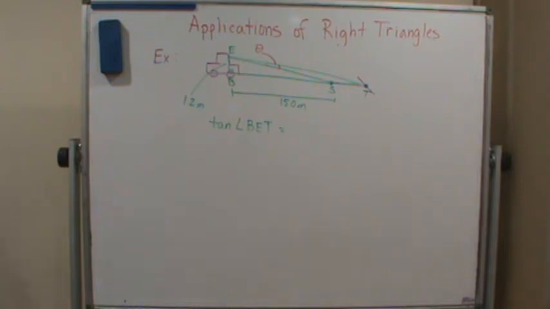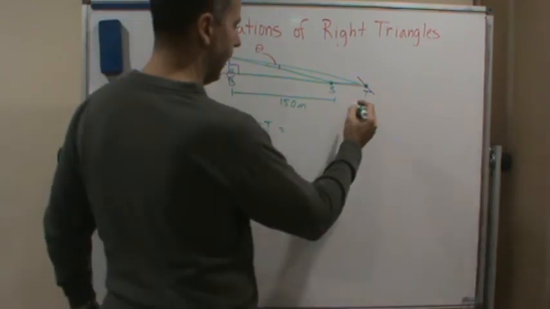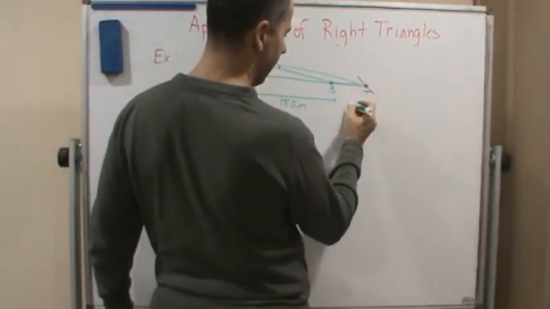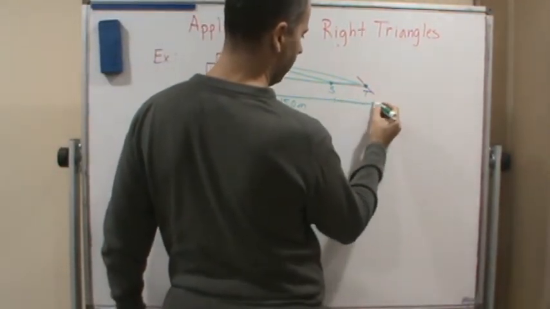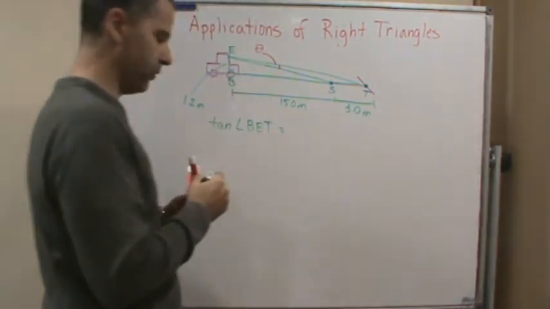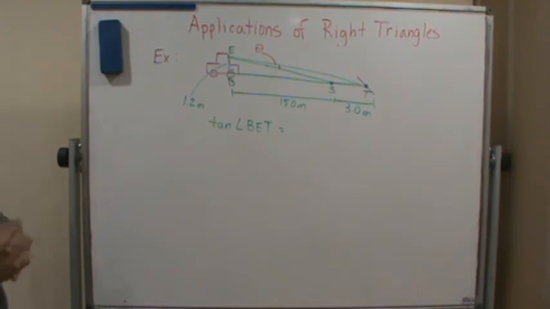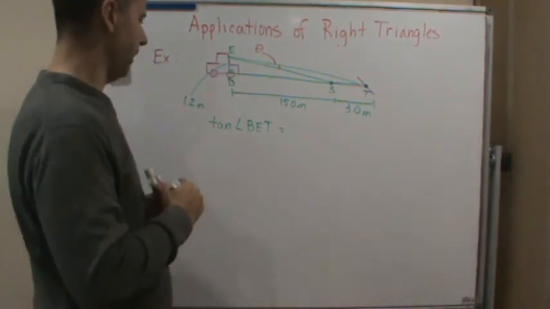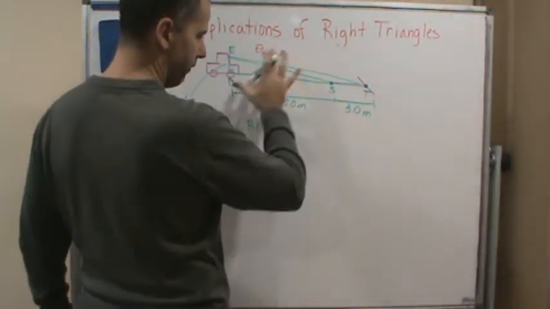Oh, I am missing some information. This distance here, the height of the word, is 3 meters. So I knew I was missing some information. Now that makes sense, and I've got a full picture.